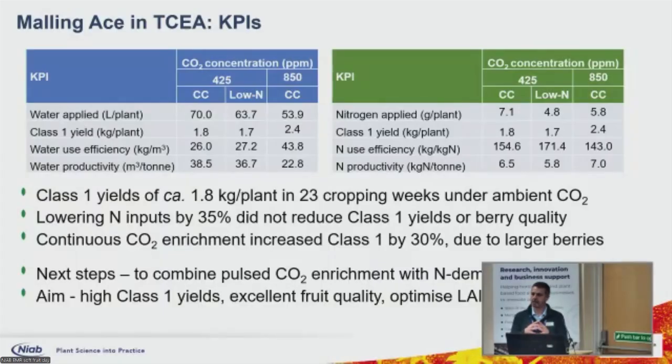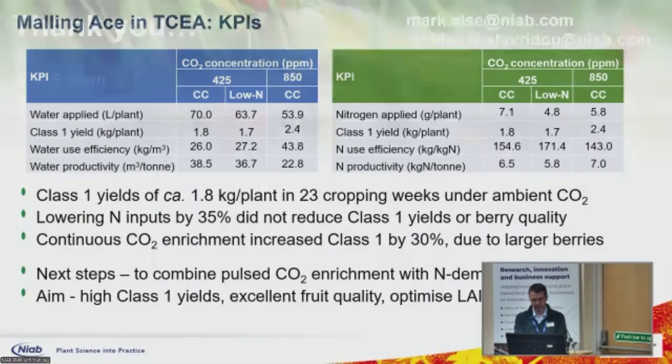For strawberry, even in a vertical farming scenario, you have a distinct diurnal rhythm in stomatal conductance and also in photosynthesis. So we're going to be pulsing CO2 in the morning to try to deliver the benefits of yield, but also to minimize that effect on canopy growth. We're starting that work in January, so hopefully we'll be able to report on those results at the next meeting.